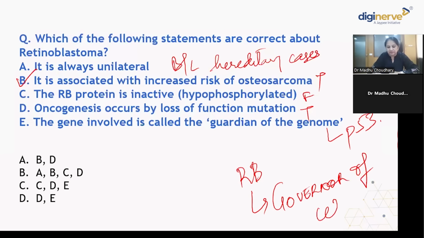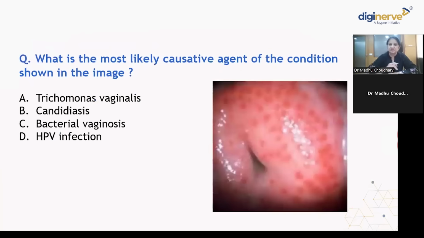So here our true statements are B and D. That is your option A. So retinoblastoma can be bilateral. It is definitely associated with osteosarcoma. Oncogenesis occurs by loss of function mutation of the RB gene, and the RB gene, the governor of the cell cycle, is involved, not the P53, right? Let's move on to the next question.